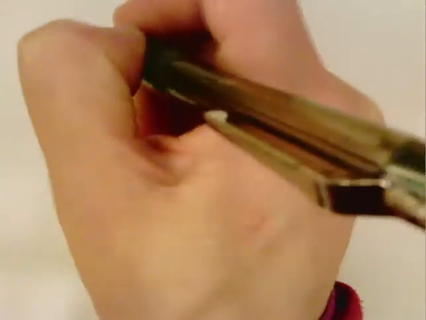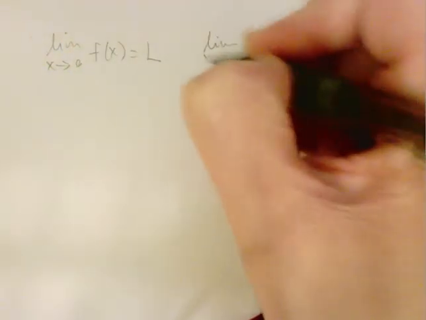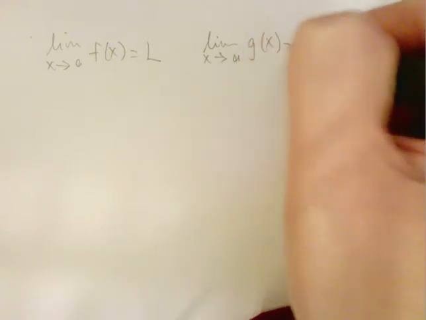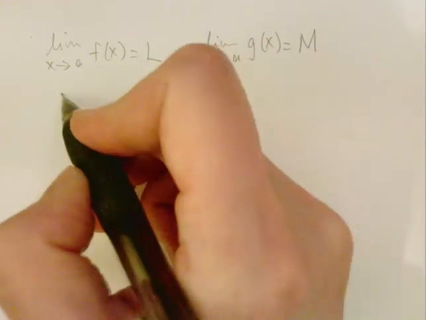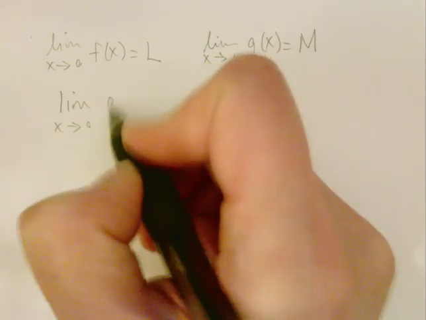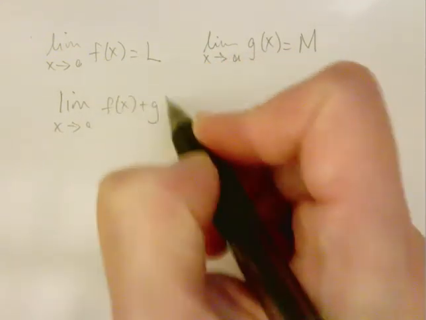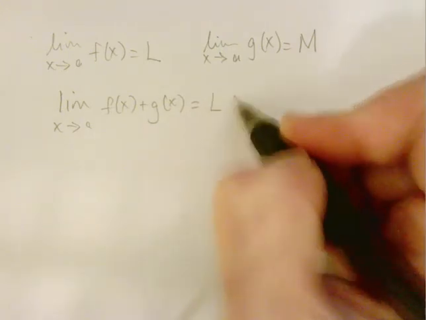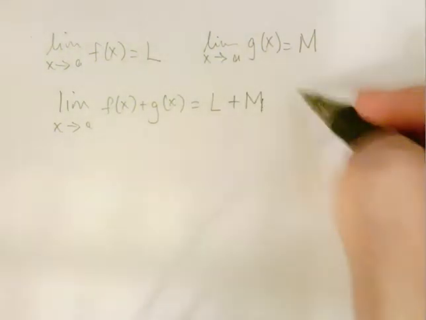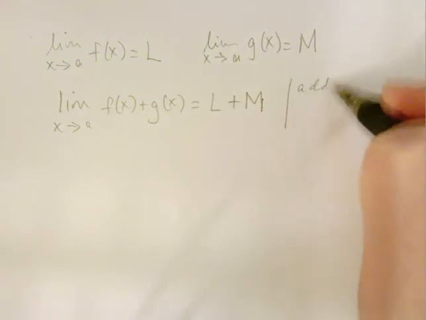So suppose that the limit as x approaches a of f of x equals L, and the limit as x approaches a of g of x equals m. Then the limit as x approaches a of f of x plus g of x equals L plus m. Okay, that is the addition property of limits.